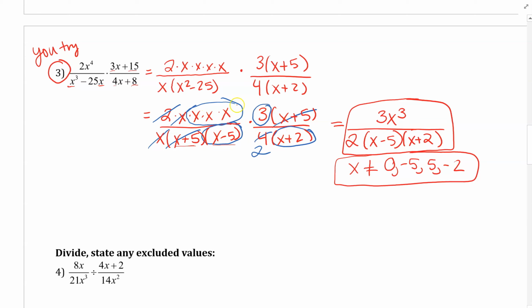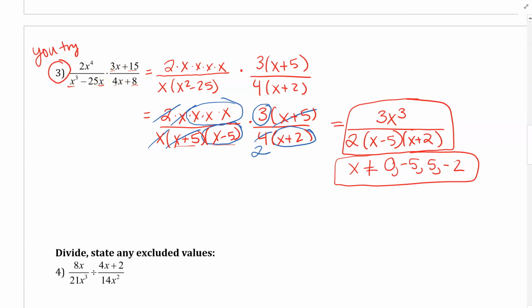So that means there were 3 factors of x left and then the number 3. So the numerator had 3x cubed. And then in the denominator, I didn't really FOIL it out. I just wrote it as one product: this factor of 2 times the factor of x minus 5 times the factor of x plus 2. This is the simplified version, or the result, what you would get if you multiplied these fractions together.